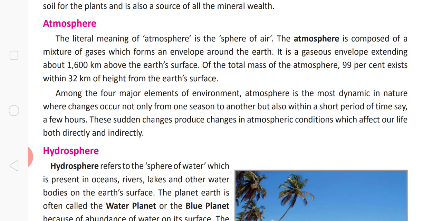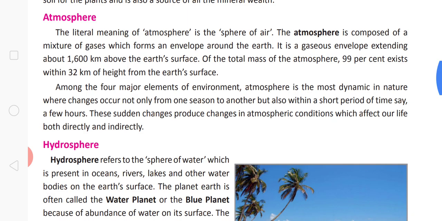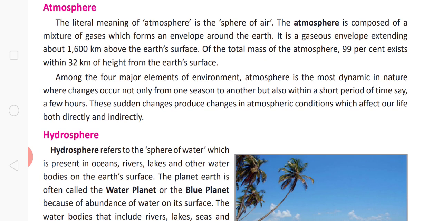Just imagine, up to the height of 32 kilometers from the ground level, 99% of the atmosphere generally lies, and only 1% of the atmosphere lies above 32 kilometers. So if you go above 32 kilometers, there is a scarcity of air. In the higher altitude, there is a lack of oxygen or lack of air.